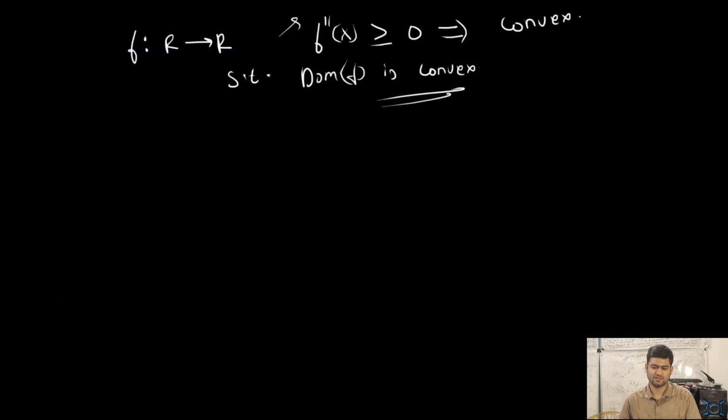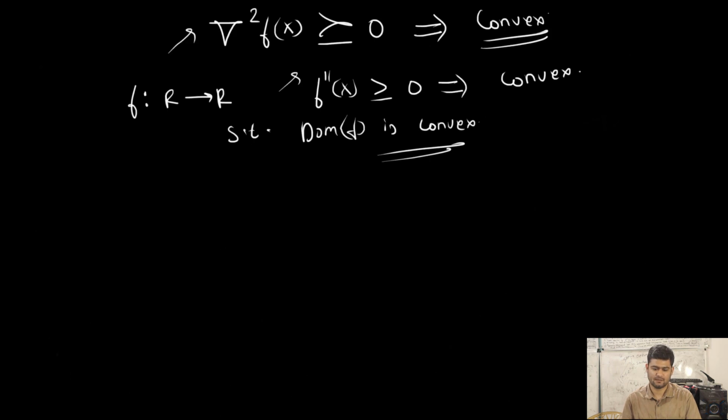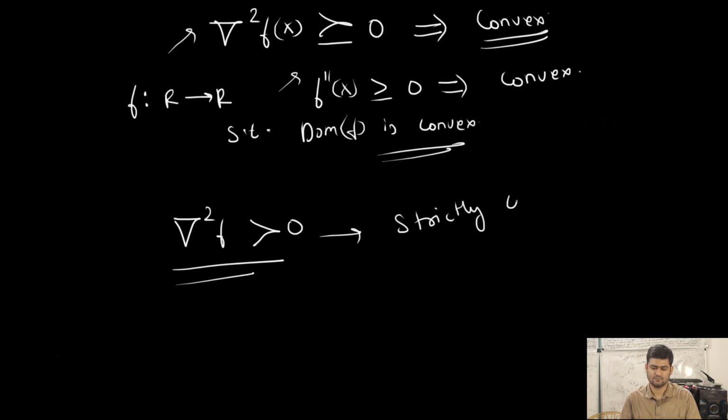And for strictly convex functions, if the Hessian is a positive definite matrix, then the function is strictly convex. But the converse is not true. For example, not all strictly convex functions need to satisfy this condition.